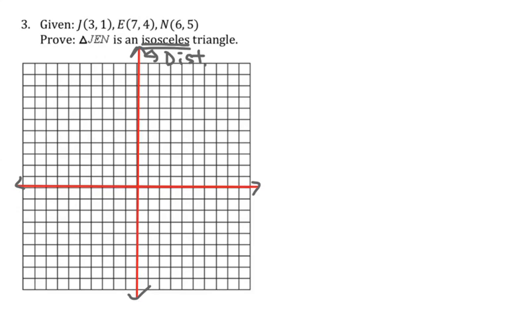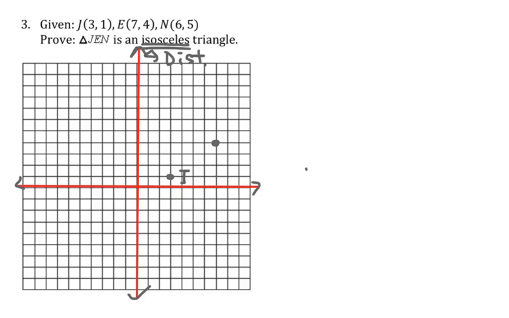All right, so (3, 1). (3, 1) is around here. That's J. And then (7, 4).